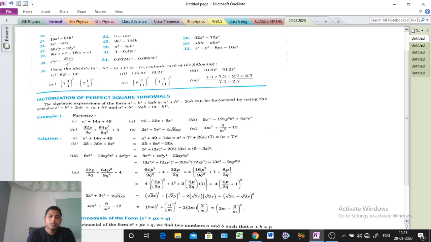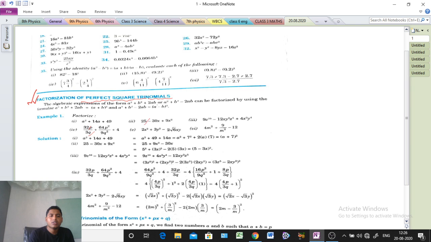Today we'll discuss what? Factorization of perfect square trinomials. Perfect square, we have discussed before also, in the previous year. Here trinomials is telling, why sir?